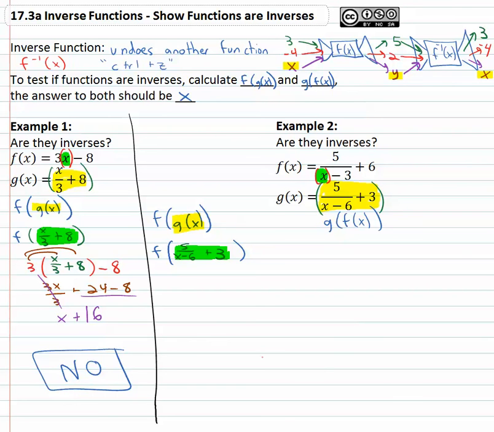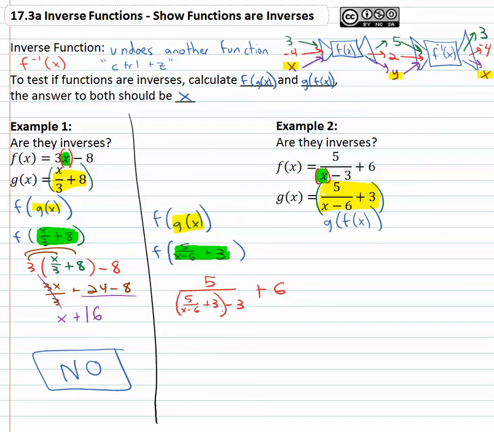Where we see the x, we're now going to see 5 over x minus 6 plus 3. So it becomes 5 over x, which is now 5 over x minus 6 plus 3, minus 3 plus 6.